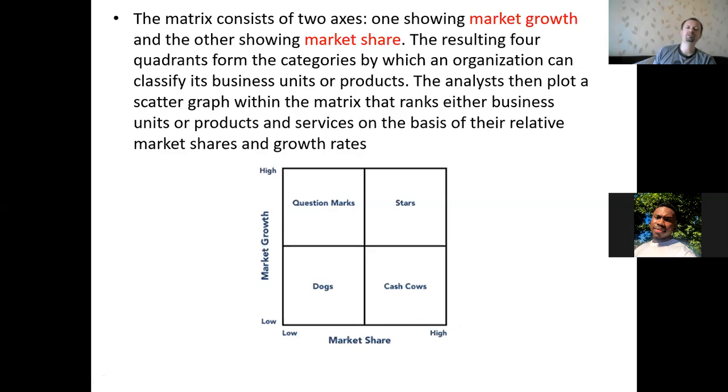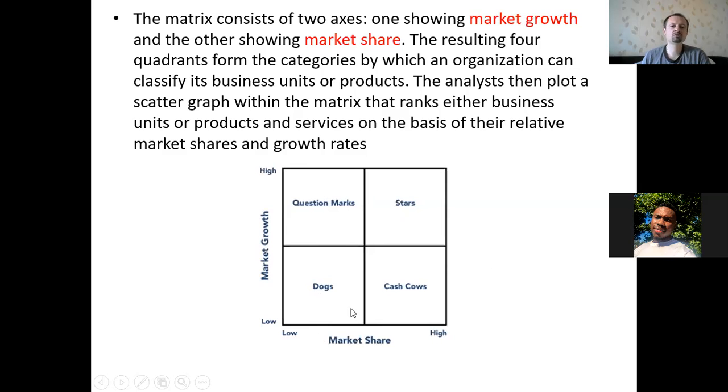But from some literature sources, you can find this order vice versa. So here is high and here is low, but generally it is the same, just the boxes will be totally the same. You have just to shift this part to this position and this part to this position.